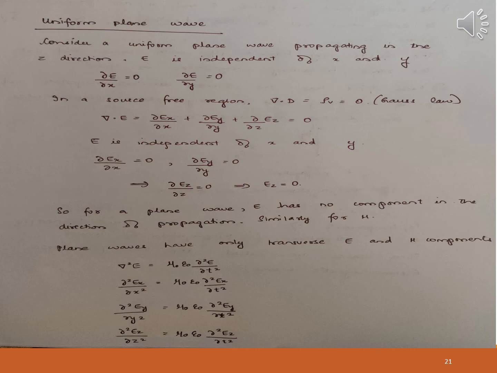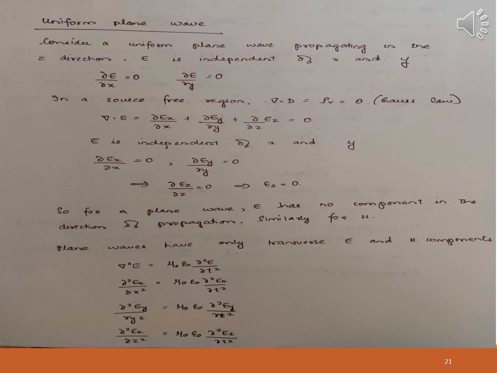So far we've discussed plane waves. What is a plane wave, the equation of a plane wave, and the various constants associated with a plane wave. Now when you talk about a uniform plane wave, a few things are specific to it, and that's what we're going to discuss in this section. But the derivation is more or less very similar to the derivation of a plane wave.